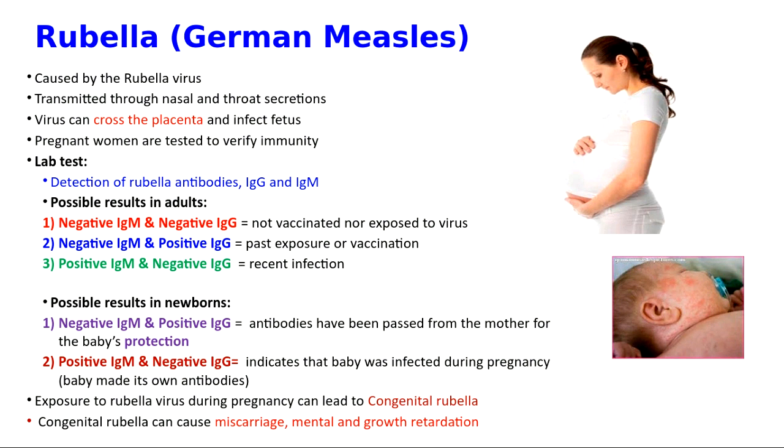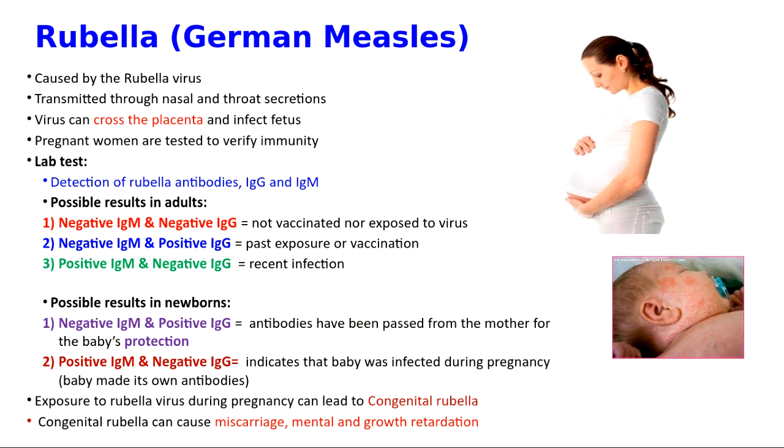But the problem is not so much with having German measles, but the problem is for pregnant women that happen to be exposed to the rubella virus, because this virus can cross the placenta. So the mother might be okay.